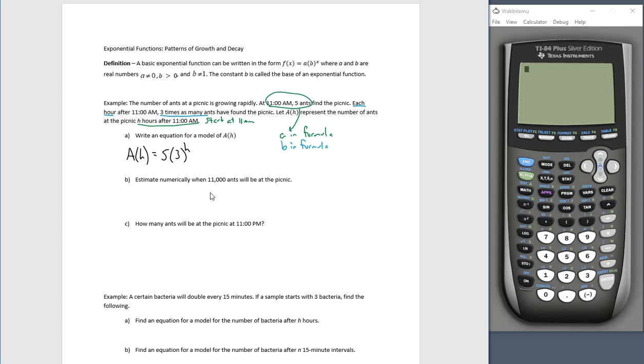So estimate numerically when 11,000 ants will be at the picnic. Anytime it says estimate, we're going to just try a couple values. What happens when we have 5 hours? This is 5 times 3 to the 5th. That's not very many at all.